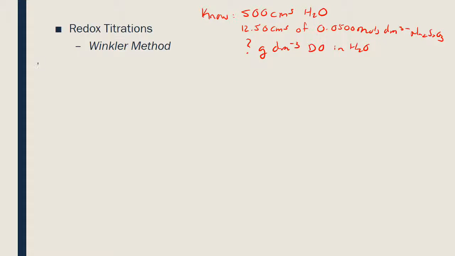First step, go to moles, because that's the only way we can communicate between our compounds. So just like before, our concentration 0.0500, multiply that by the volume we used, and we get the moles that were reacted, 6.25 times 10 to the negative 4 moles.